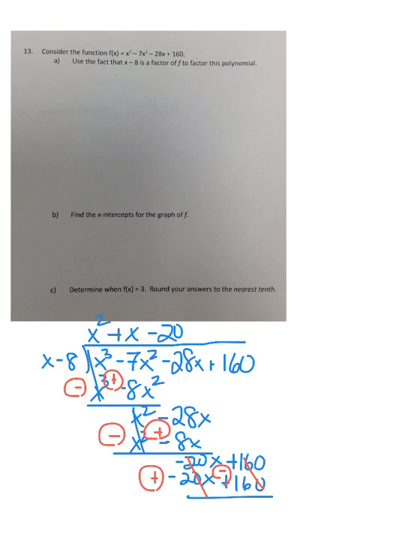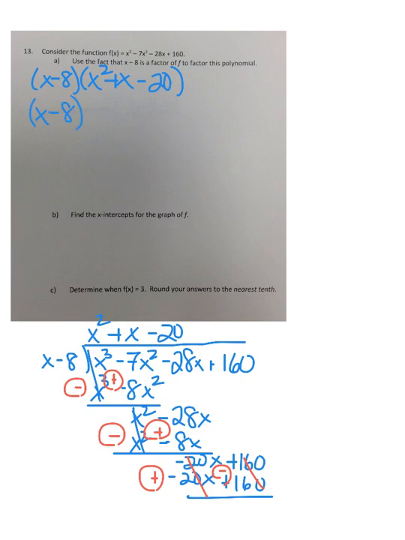Now let's look at the rest of the answer for part A, because part A says use the fact that x minus 8 is a factor of f to factor this polynomial. So we know x minus 8 is a factor, and then we just got that x squared plus x minus 20 is also a factor. However, that x squared plus x minus 20 can be factored again.